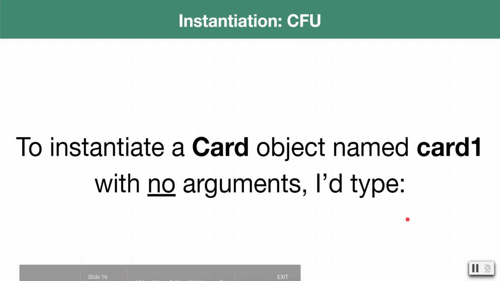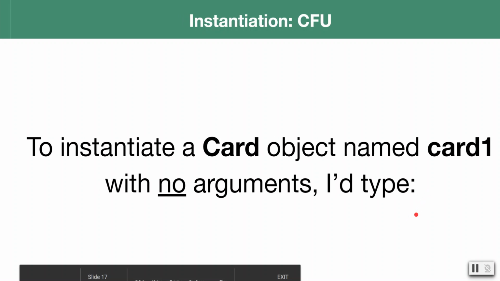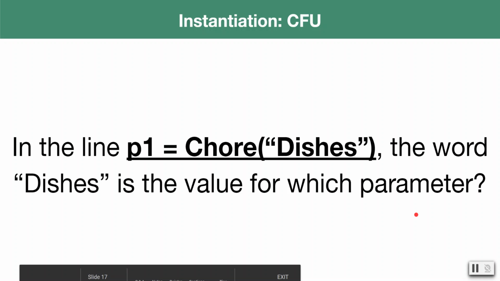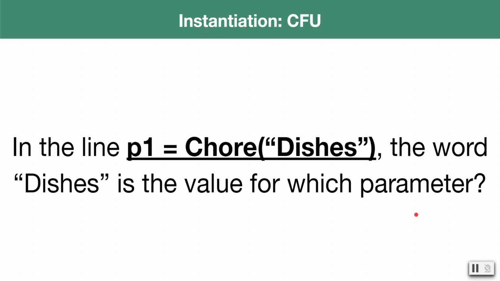To instantiate a card object named card1 with no arguments, what would I type? In the line P1 equals chore, quote unquote, dishes, the word dishes is the value for which parameter?